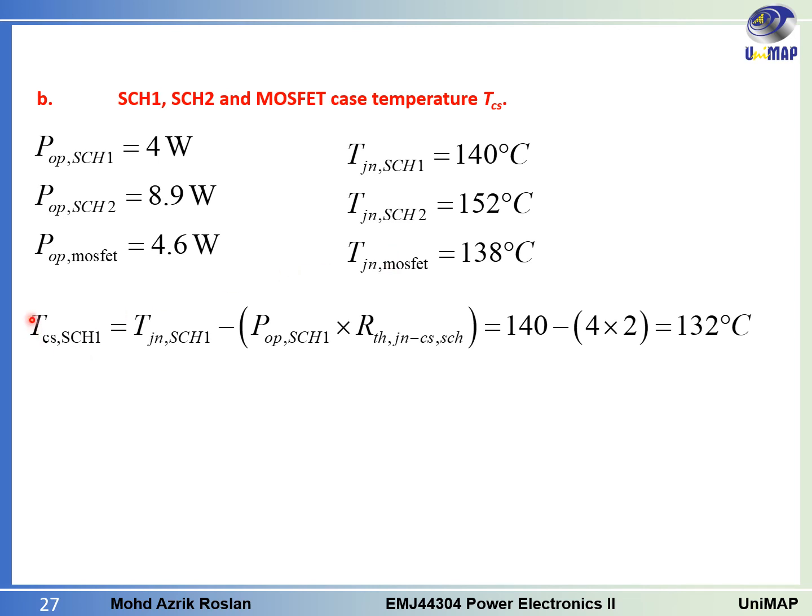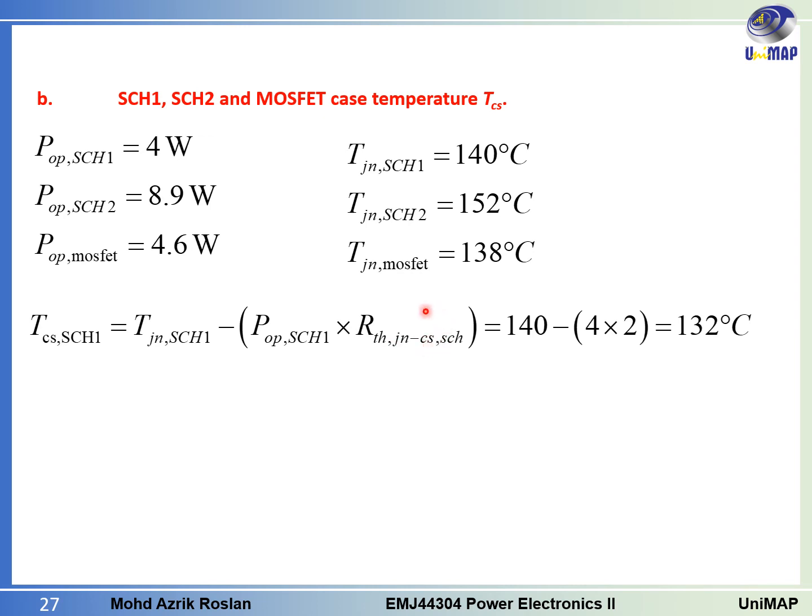The case temperature for Schottky 1 is equal to the junction temperature of Schottky 1 minus the power dissipation of Schottky 1 multiplied by Rth junction to case.